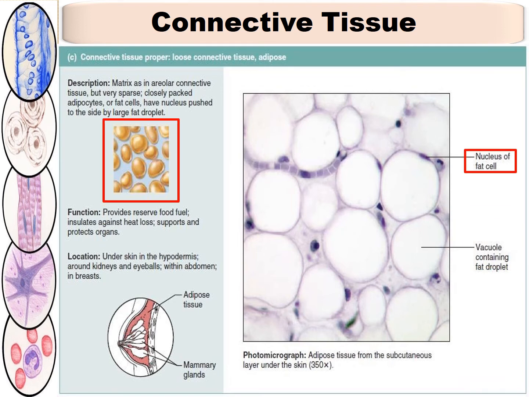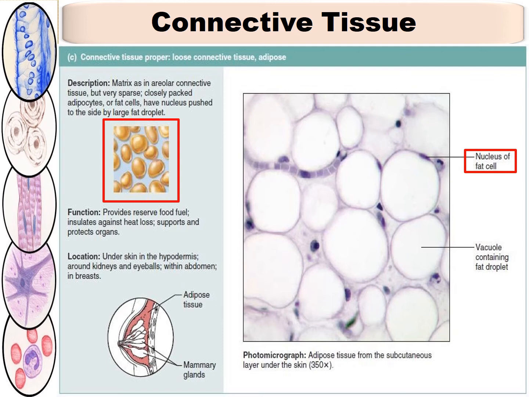Here in this photomicrograph, we can see the position of the nucleus in these fat cells, and the function served by this adipose tissue is to provide reserve food fuel. It insulates against heat loss and supports and protects the organs.